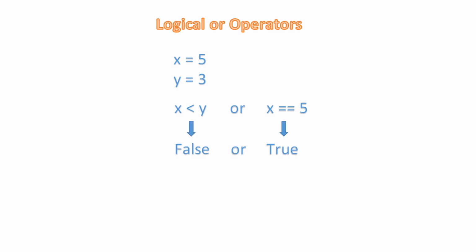So when false and true combine with the logical OR operator, then the output is true. Here in this scenario, x is greater than y is true. x double equal to 5 is true. So when true and true combine with the logical OR operator, then the output is true.